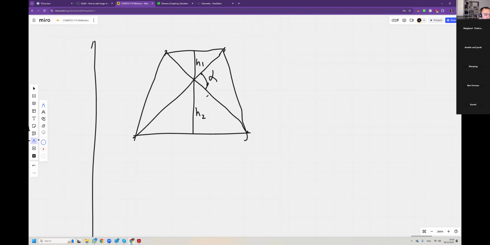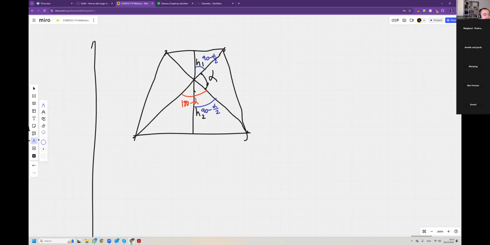Then I express this angle: it is going to be 180 minus alpha. And that means that this angle is half of that, 90 minus alpha over 2. And same here, this is also 90 minus alpha over 2.